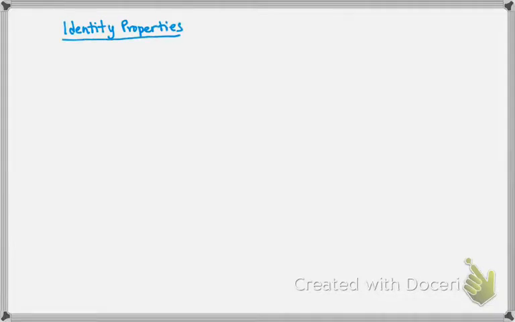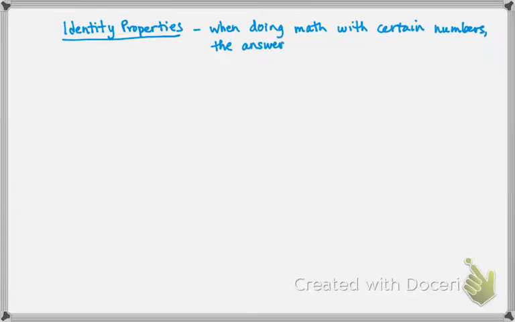And this basically says, when doing math with certain numbers, the answer is what you started with. Now that sounds really vague, but you'll see in the examples. Okay, so let's get into it. Let's dig into it and see what I'm talking about.